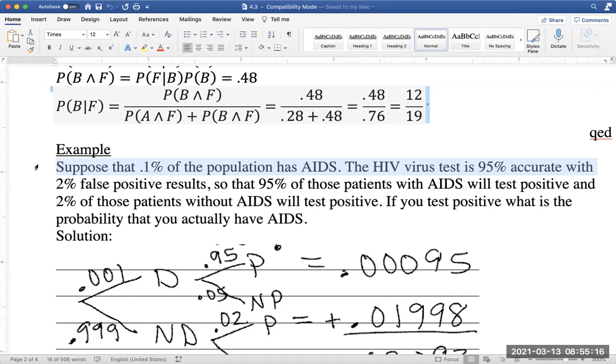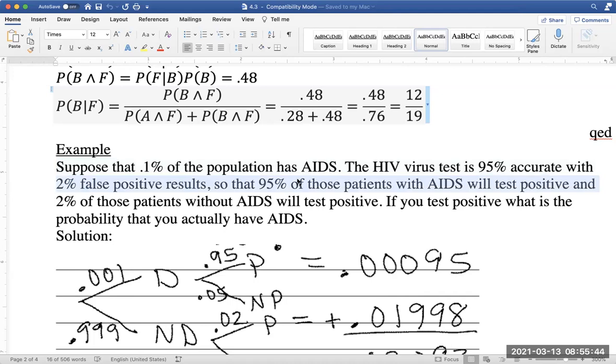So let's go through this. This is the actual data from the article. Suppose that 0.1% of the population has AIDS. The HIV virus test is 95% accurate with 2% false positive results.